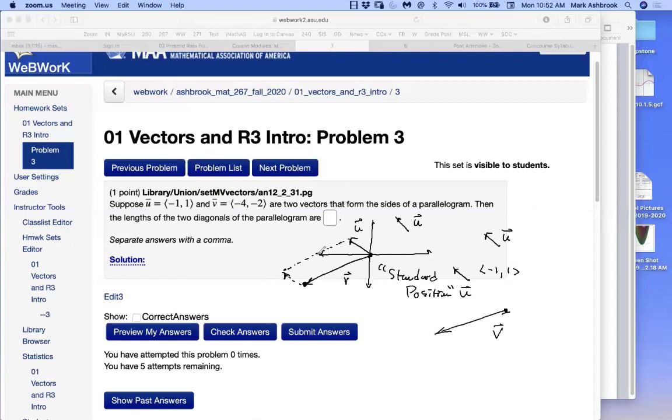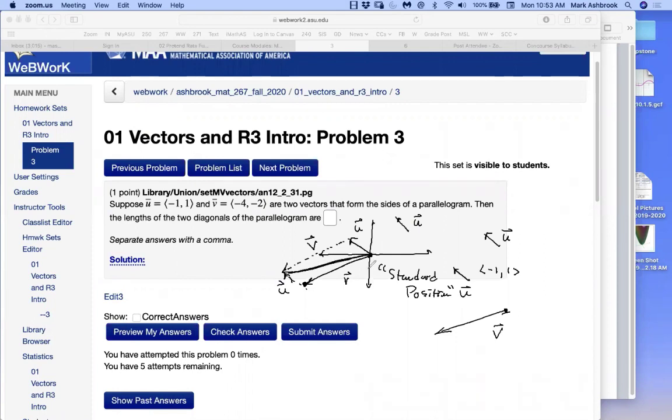And so then what do you notice about this side of the parallelogram? This side of the parallelogram is just vector v again. And this side of the parallelogram is just vector u again. Okay, and so this parallelogram has diagonals. There's one of them, the long diagonal.